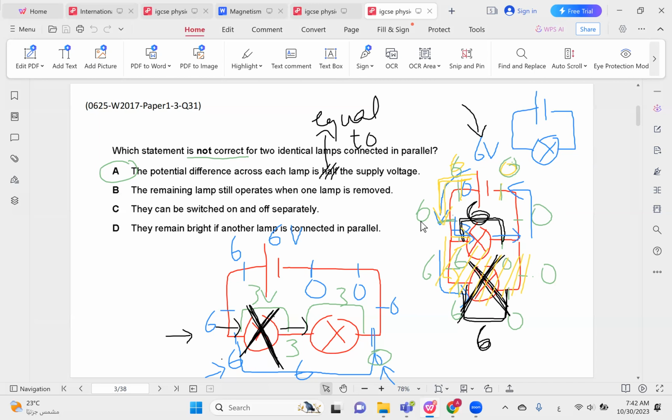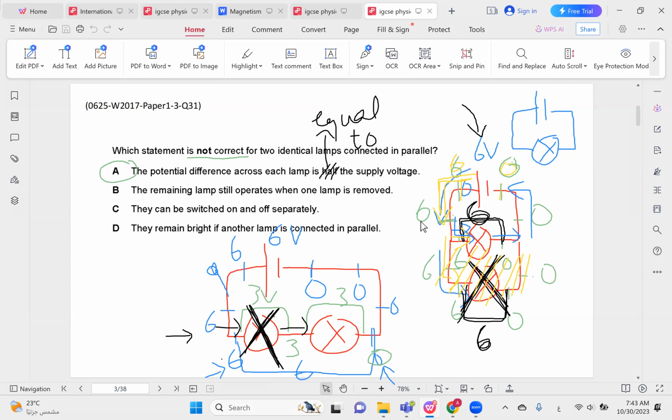Similarly, in C, they can be switched on and off separately. This is a correct statement because if I put a switch here, if I open the switch, and by open the switch, I mean there is no current flowing, neither lamp will work. If I close the switch and I allow current to pass through, both lamps will shine. So either both lamps work or both lamps don't.